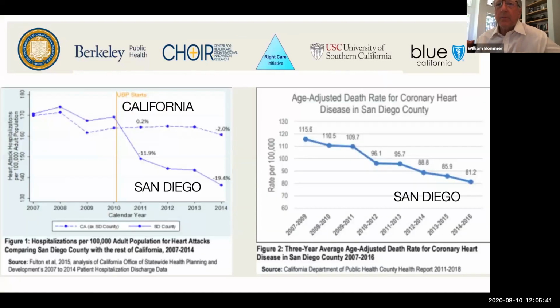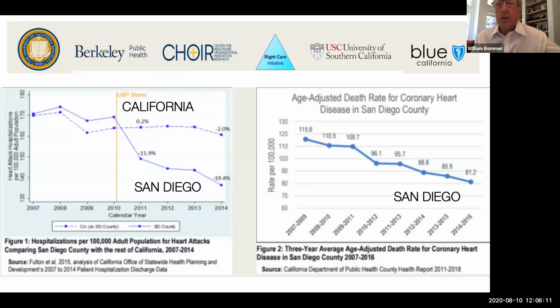So Hattie mentioned earlier the focus of right care and how they approach it. And a little historical here is on the left is shown when right care was initiated, there was a separation of hospitalizations in California on the top versus San Diego. Right care first started for the University of Best Practices in San Diego.